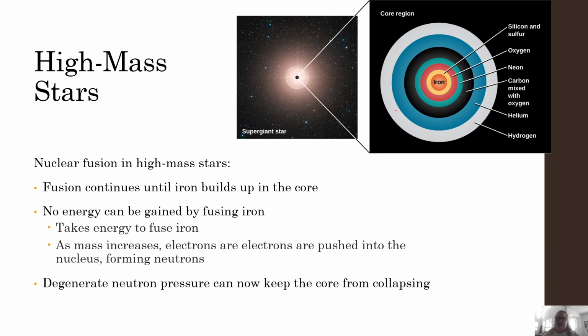So this is a core of a supergiant star, and we have our hydrogen, our helium, and then we get to carbon, neon, oxygen, silicon, and sulfur, and then all the way to iron in that middle part there. Okay, so this is the fusion that'll continue to happen to create these heavier elements.